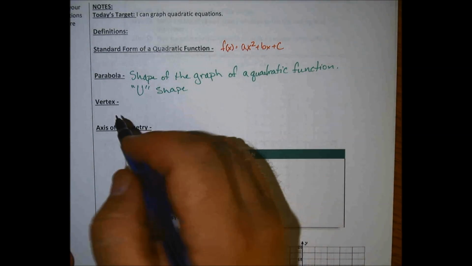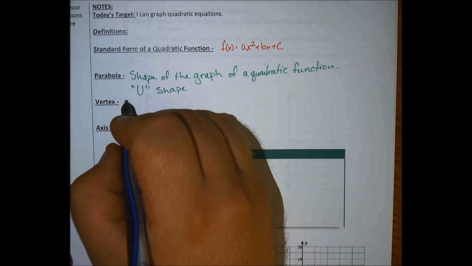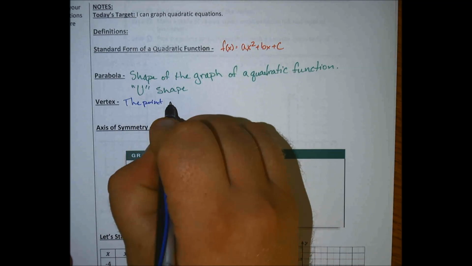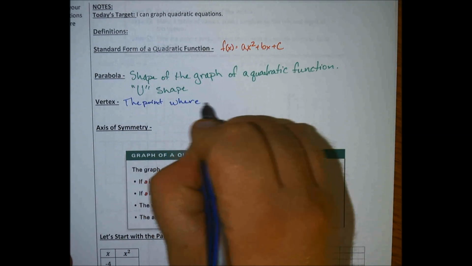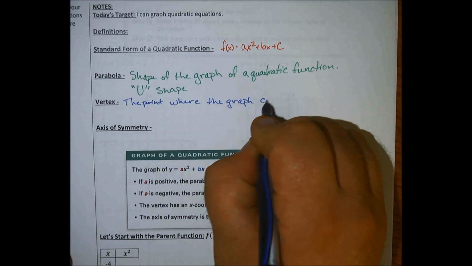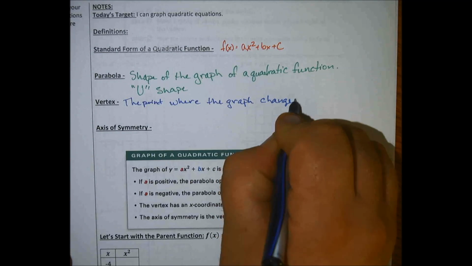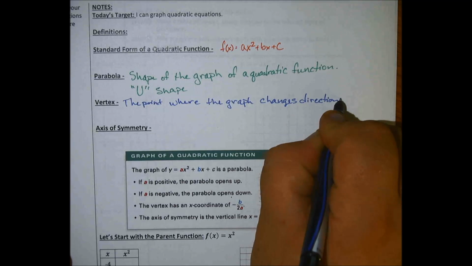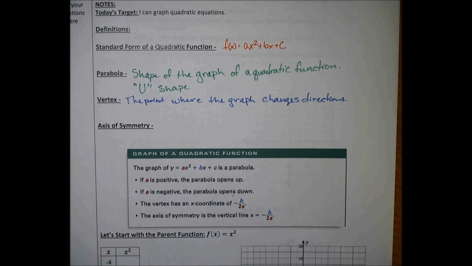So let's look at the next thing here, is called the vertex. And the vertex is the point where the graph changes directions. Okay. Since it's a U shape, it might start off coming down and then go up, or start off going up and then come down.